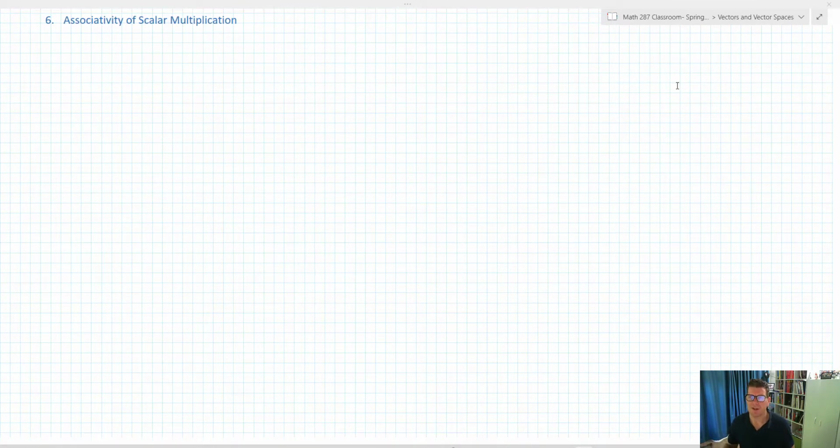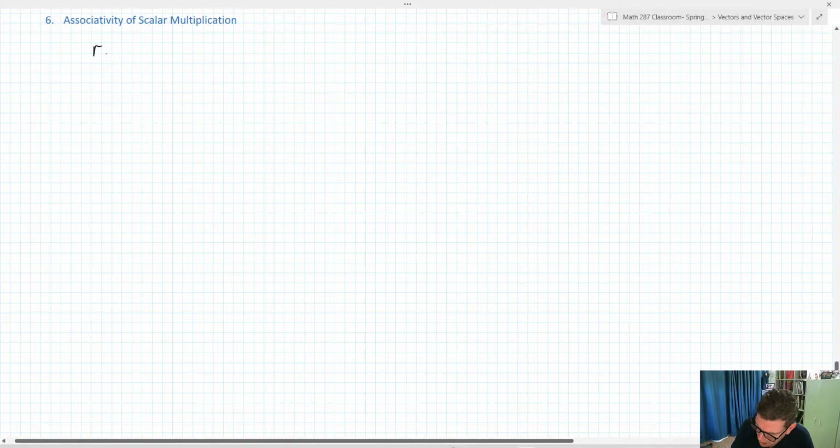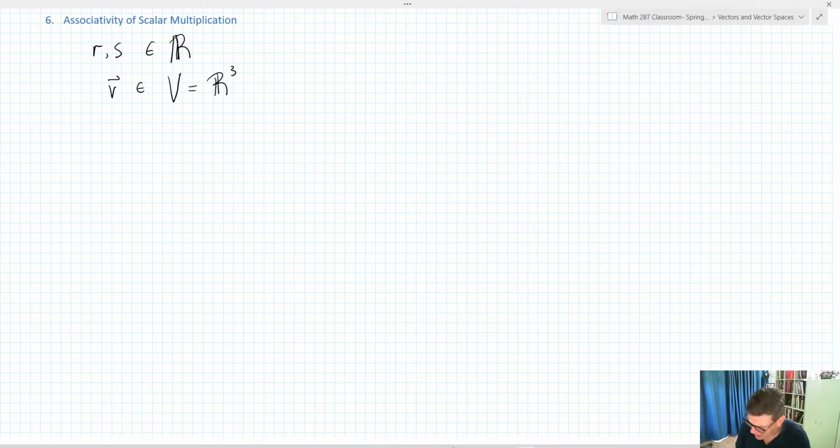So now we have the associativity of scalar multiplication. What that states is that we've got r and s, and they're going to belong to, let's say, for example, in our case, the reals. So we'll take our vector spaces over the reals, and we'll have v belong to our vector space V, which in our case we'll do R3, because we're going to do this one algebraically rather than geometrically.